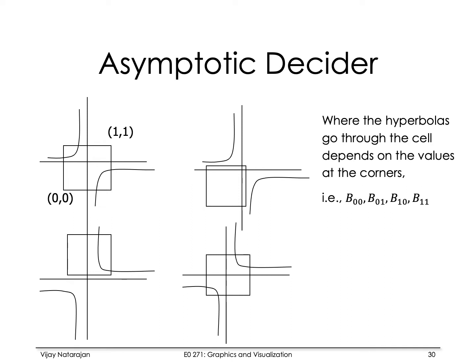So how exactly the hyperbolas go through this cell really depends on the values of the function on the corners. So there are multiple cases possible. The axes here are actually the asymptotes of the hyperbola, or the axes of the hyperbola.